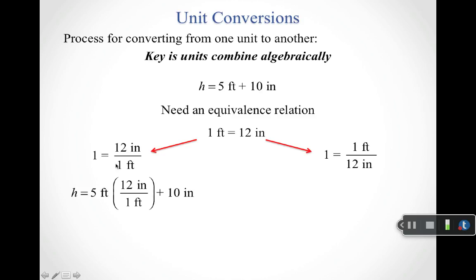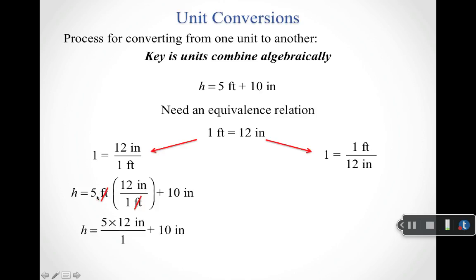Notice what's going on here algebraically. Why did I pick this one rather than that one? Here's feet in the top of my fraction. Here I'm dividing by feet, which means those two things are going to cancel. The feet cancel out. I'm left with inches.